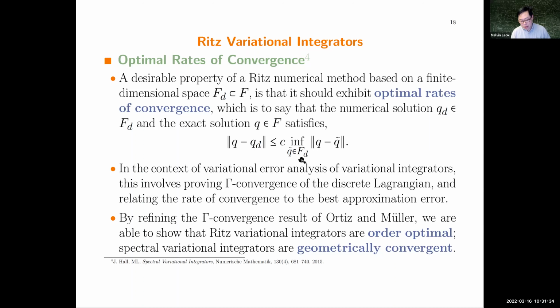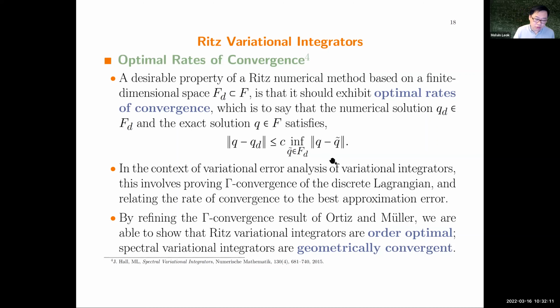Okay, and if you can do that, then it converts the problem of constructing good numerical methods to the problem of constructing good approximation spaces with good best approximation errors. And this is, for example, the basis behind understanding why spectral methods work so well, because the space of Fourier basis functions has a best approximation error which decays exponentially as you add more and more terms, at least if the solutions you're looking at are analytic.